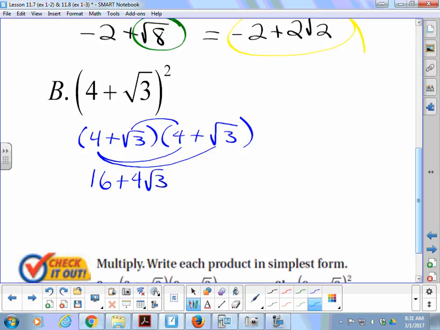Square root of 3 times 4, 4 square roots of 3. The nice thing about when it's a square is you get the same term twice in the middle. And square root of 3 times square root of 3 is just 3. If I multiply a radical by itself, I get what's under the radical. So this is 19 plus 8 square roots of 3.